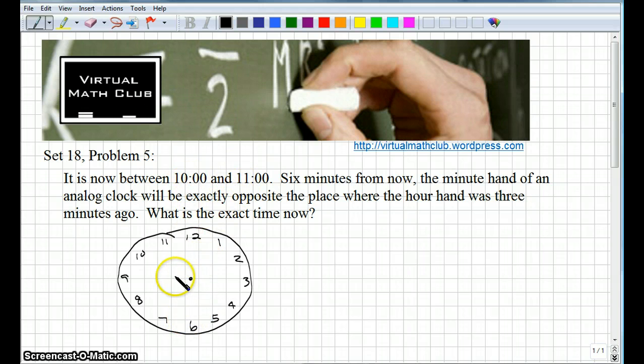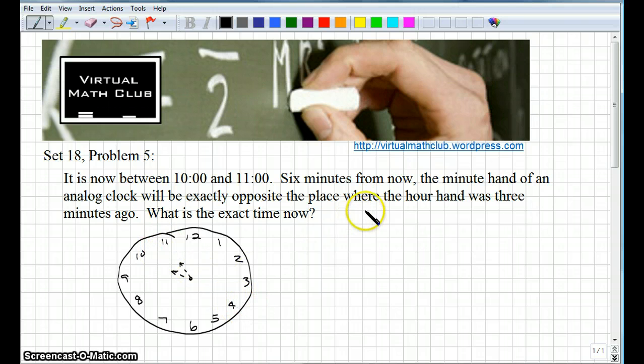So we know that the hour hand, which is usually the shortest hand, is pointing somewhere between the 10 and the 11. So I'm going to dot those in, because the range where the hour hand's pointing is fairly small. It's just somewhere between the 10 and 11.